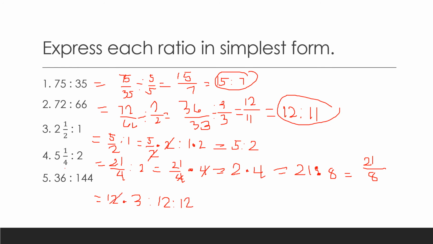So, cancel natin yung 12. Ano natira? Therefore, 3 is to 12, which can still be written as 1 is to 4. Why? The GCF of 3 and 12 is 3. So, 3 divided by 3 is 1, and 12 divided by 3 is 4. The final answer is 1 is to 4.